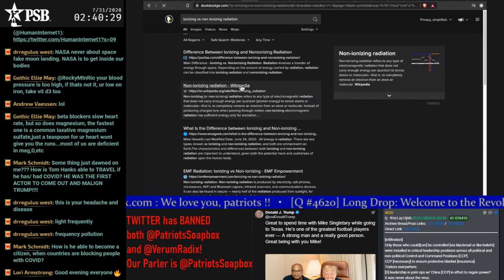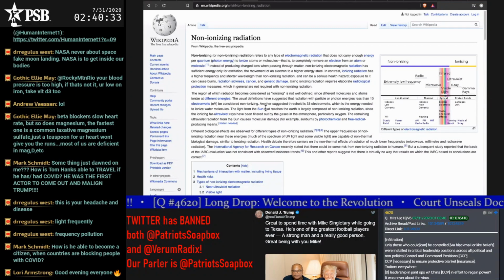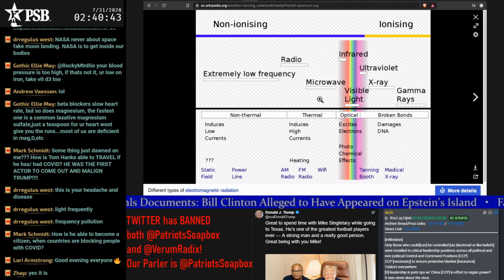So let's see if Wikipedia will tell us. Radiations with particle or photon energies less than 10 electron volts are considered to be non-ionizing. So non-ionizing, right up to ultraviolet. Anything underneath that is legal.